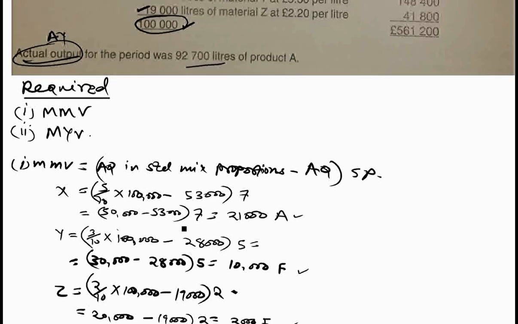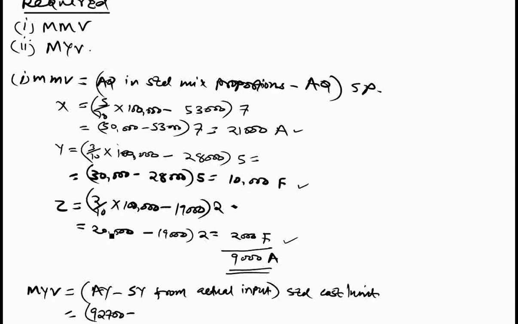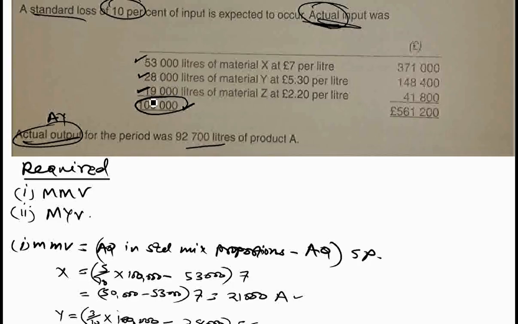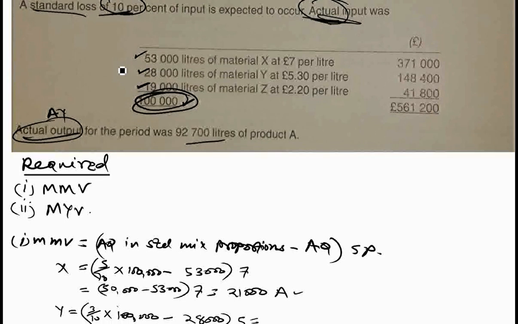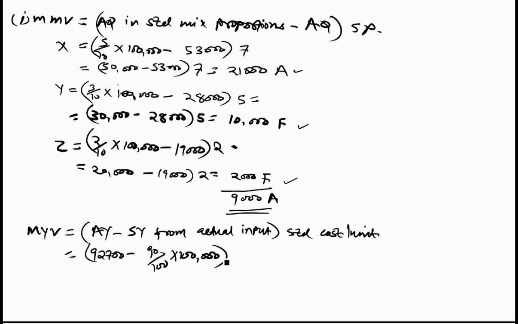So we will say 92,700, then minus standard yield from actual input. The total units input were 100,000. And if there is a loss of 10%, then the yield should be 90%. So 90% of 100,000, into standard cost per unit.